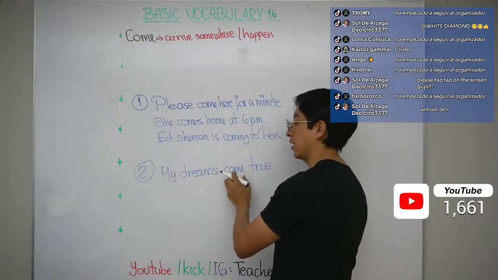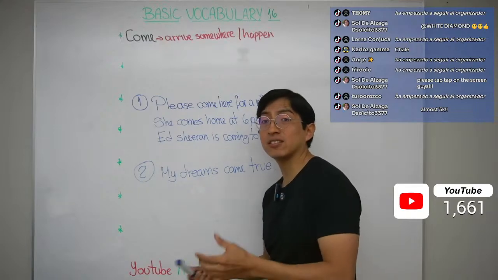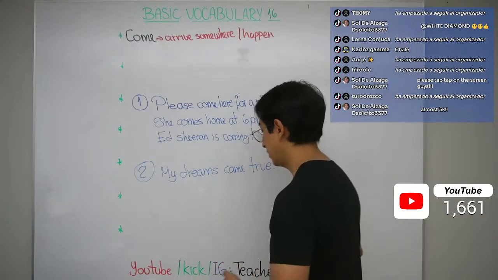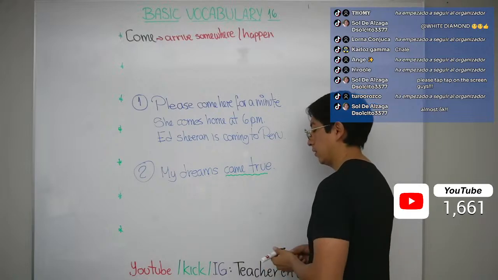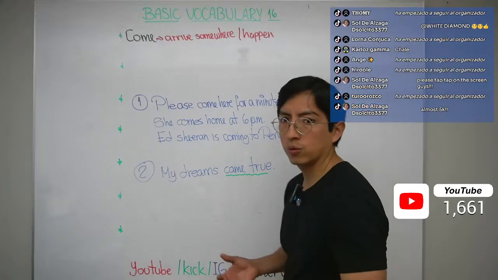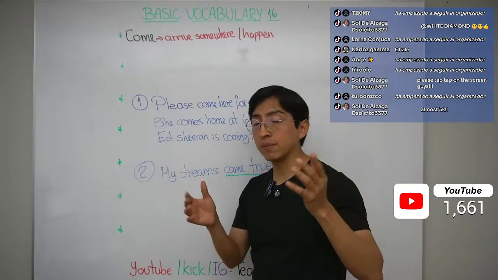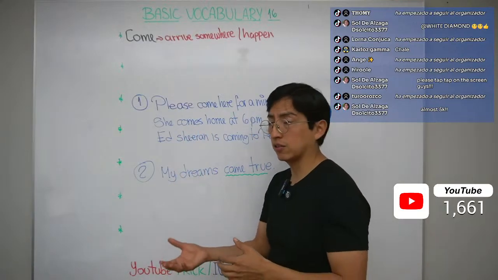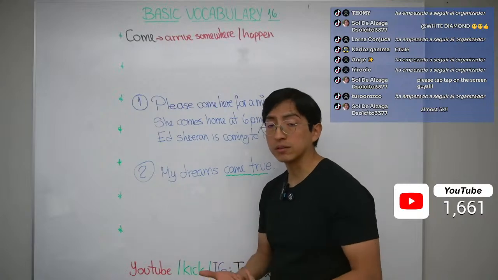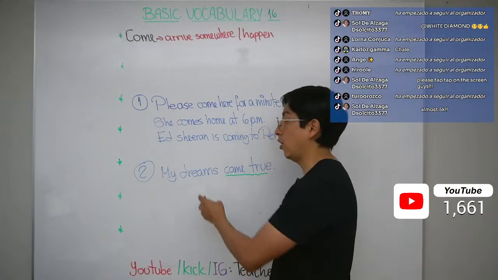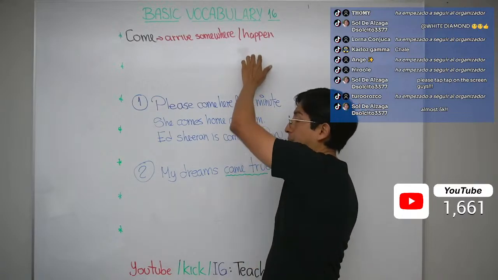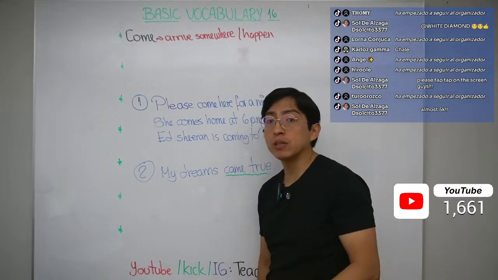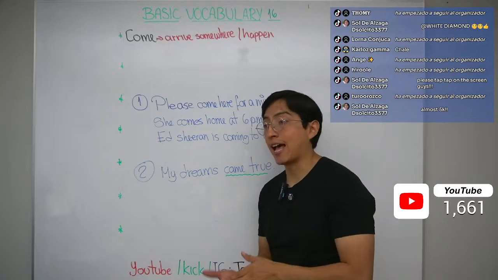My dreams came true. This is a collocation. They came true. It means that you dream about something and then you see it became real. And you can say, oh, my dreams came true. They happen. They happen to be real now.